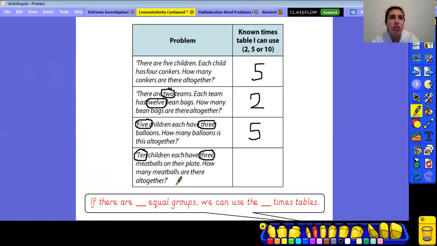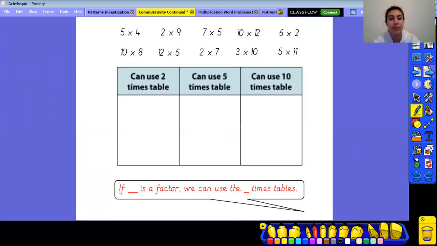But I'm not 100% confident counting in my 3s yet. So instead, I could say that I've got 10, 3 times. And then I would say that my 10 times tables would help me answer that. So even when I've got 10 equal groups, I can still use my 10 times tables to help me out.